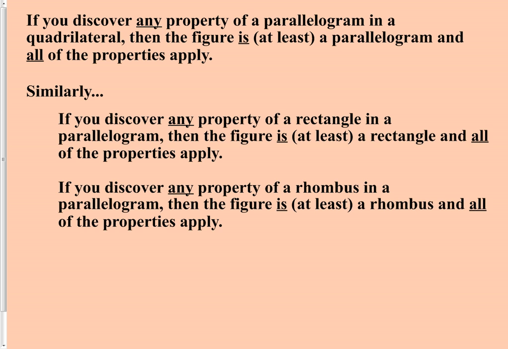If you can find either of those two extra properties, then that means your parallelogram is at least going to be a rectangle, and you can go from there. Similarly, same argument for a rhombus. If you know you have a parallelogram and you can find that it is equilateral, or that your diagonals are perpendicular to each other, then that means your figure is at least a rhombus.